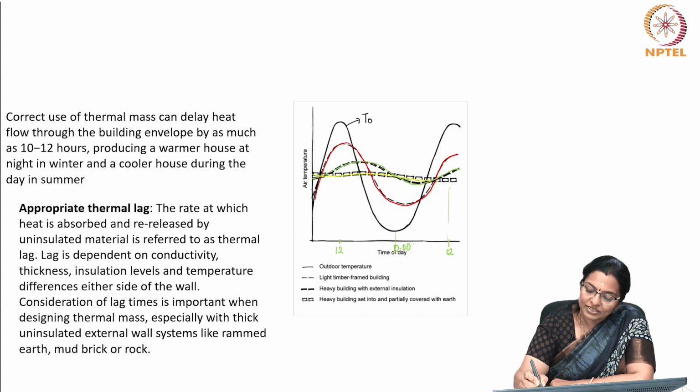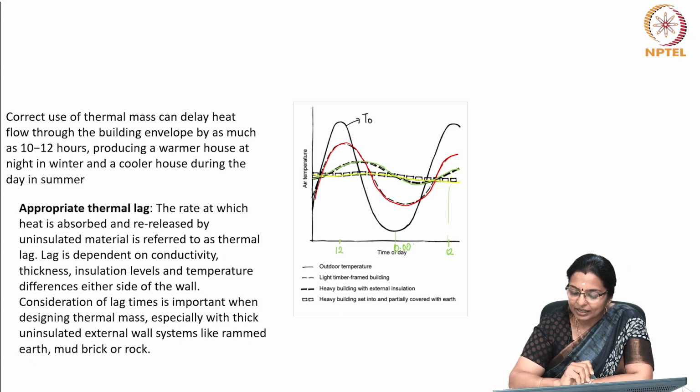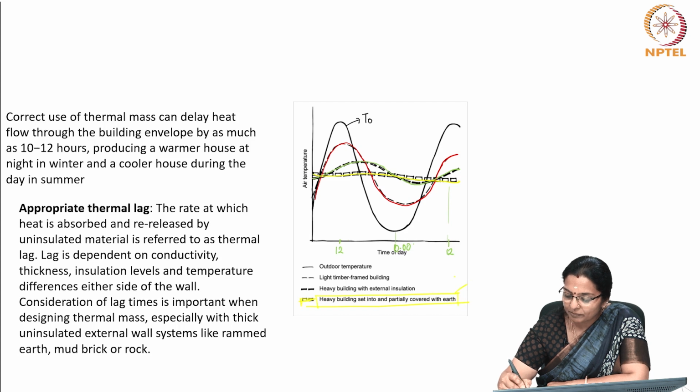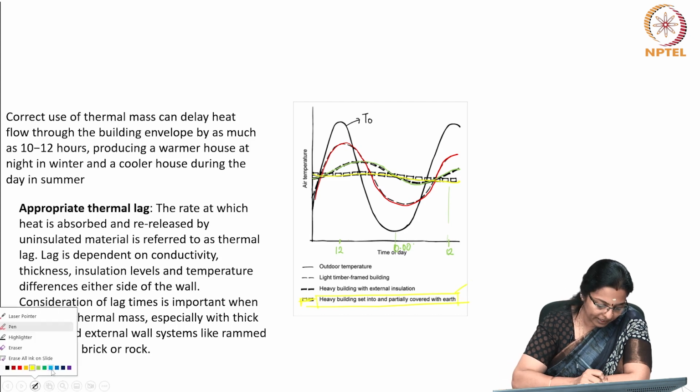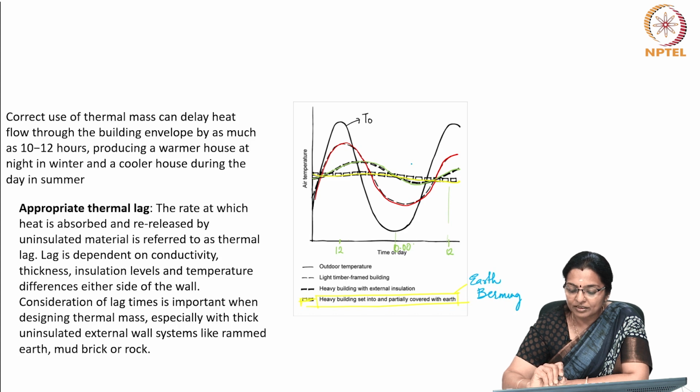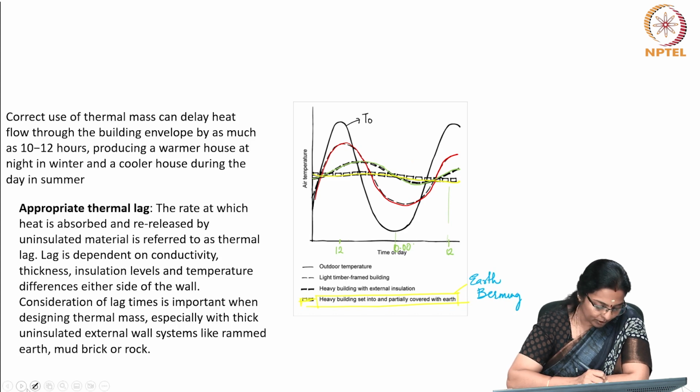Look at the temperature here. You can see that the heavy building set into and partially covered with earth, which is called earth berming, has almost a constant temperature with almost no relevance to what is happening on the outside.